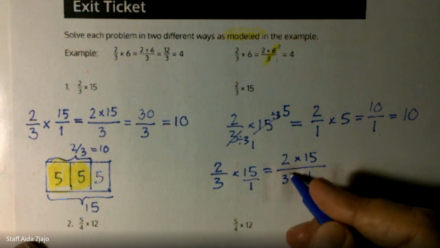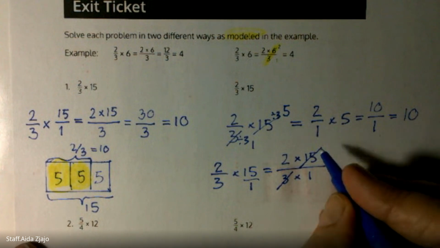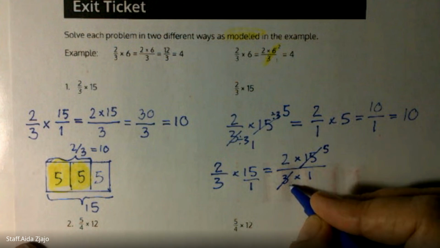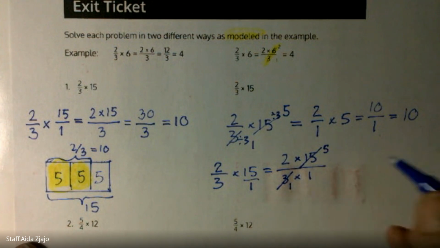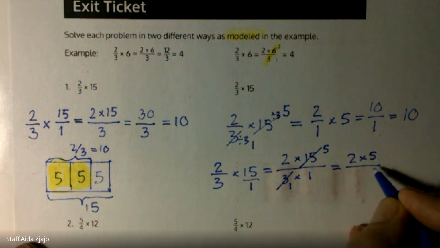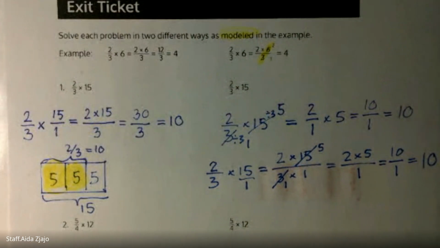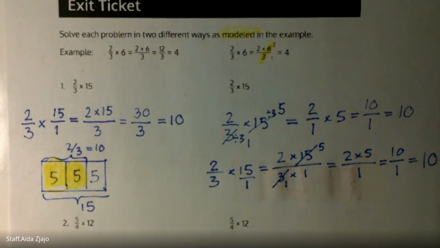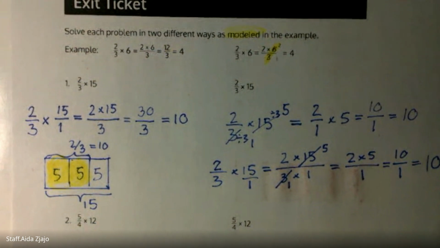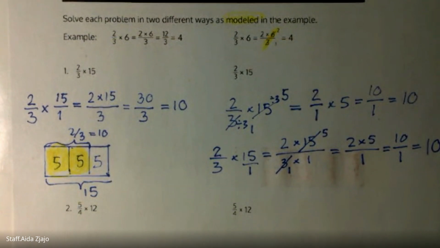We can see that we can simplify 3 and 15 by dividing by 3. So our problem becomes 2 times 5 divided by 1, which makes 10 divided by 1 equals 10. So that's another way to see this problem. Okay, let's go to the next.